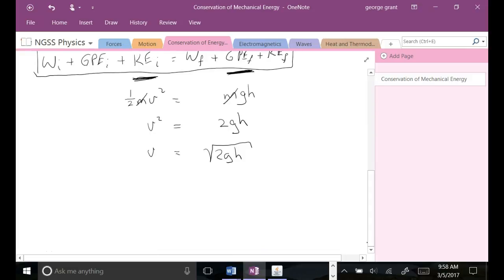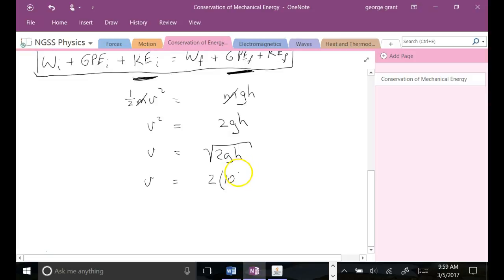Okay. So what I would like to do is know how fast I have to throw this object upward in order to reach a height of 45 meters. So let's start plugging that in. So 2, and I'm going to use 10 for gravity because, well, it's really 9.81, but there's no need to go crazy here.